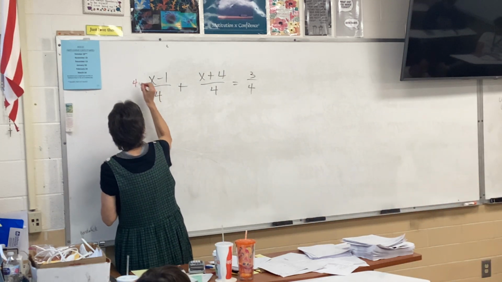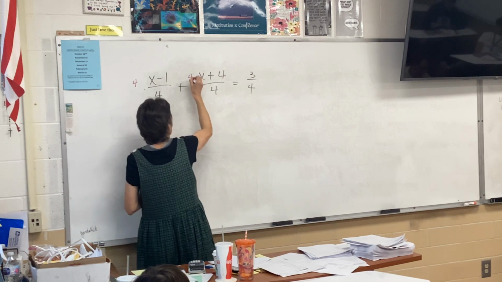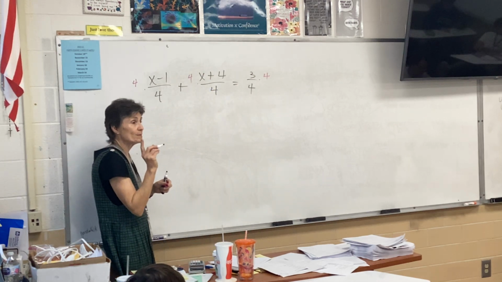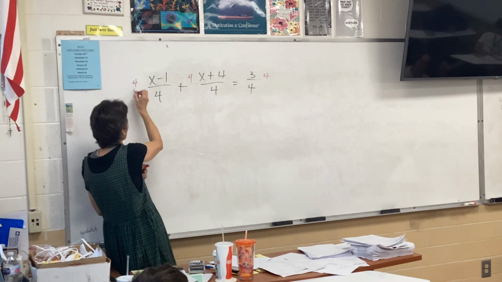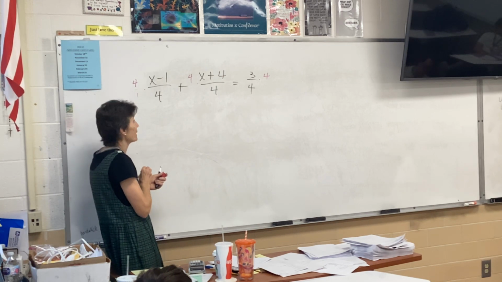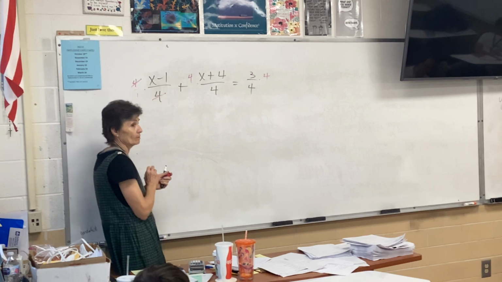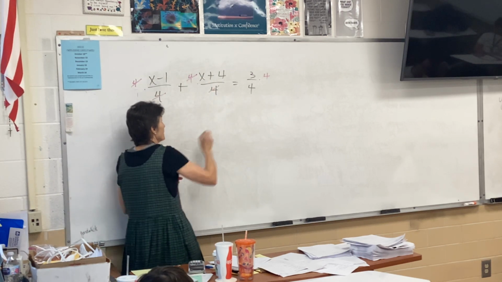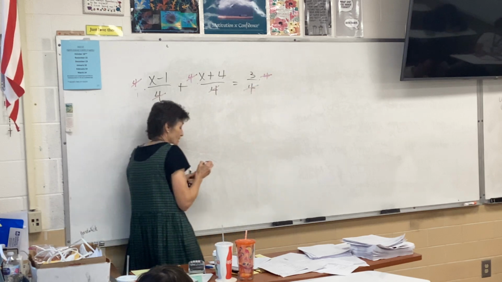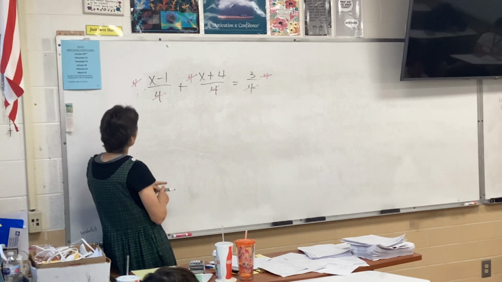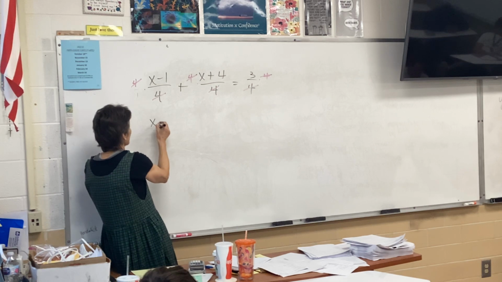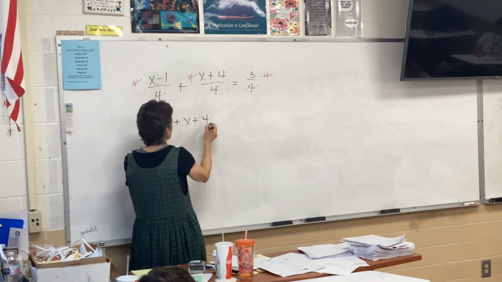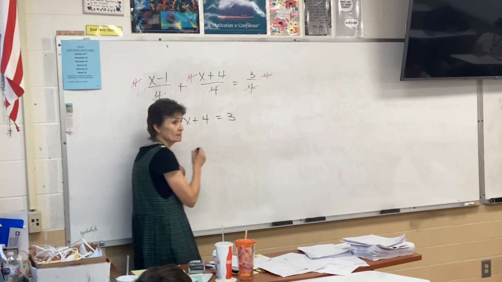Times 4, times 4, times 4. The reason you did that, boys and girls, is that 4 over 1 is what you're multiplying by, so those will cancel, and these will cancel. So the equation that you have left to solve is x minus 1 plus x plus 4 equals 3.